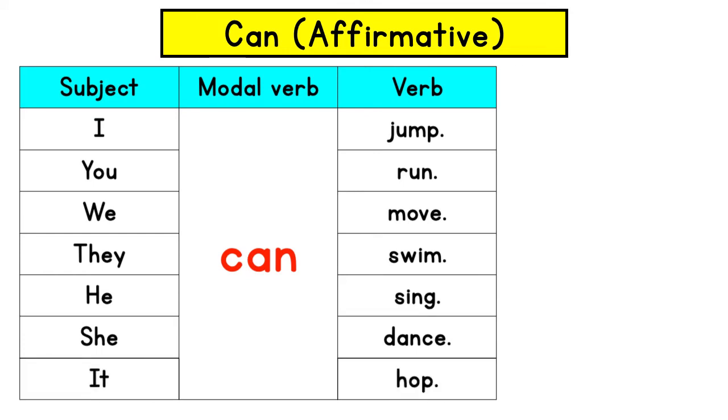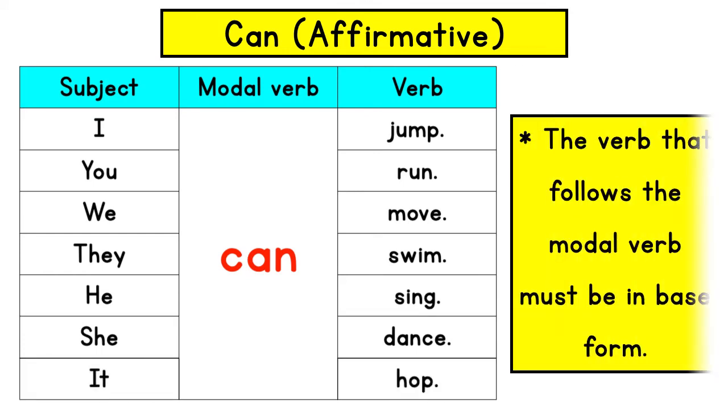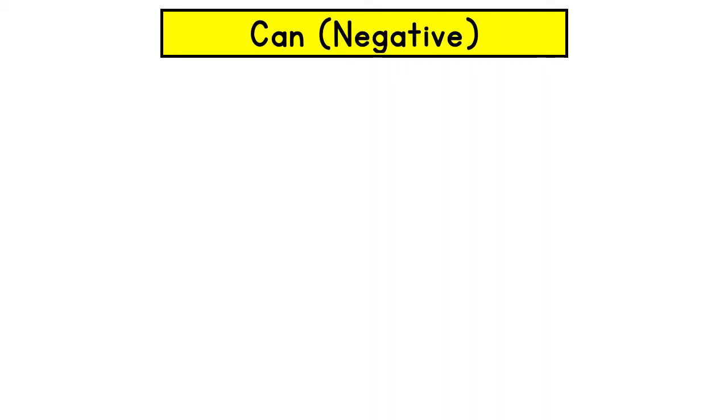And finally, it can hop. As a reminder, the verb that follows the modal verb must be in the base form. The verb that follows the modal verb can or can't must be in the base form. Alright, no ed, no ing, no es, no s.